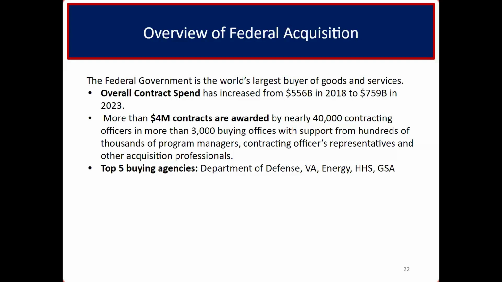So we have more than $4 million of contracts awarded by nearly 40,000 contracting officers in more than 3,000 buying offices. So they're spread all over the country, all over the world, and lots of contracting folks to help you get what you need. Just a little factoid: top agencies, Department of Defense, no big surprise, VA, Energy, HHS, and GSA. So moving right along.